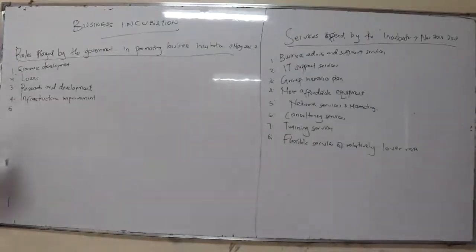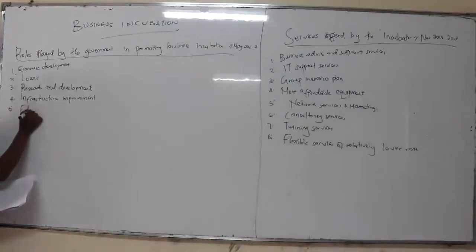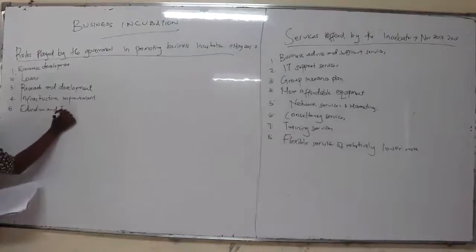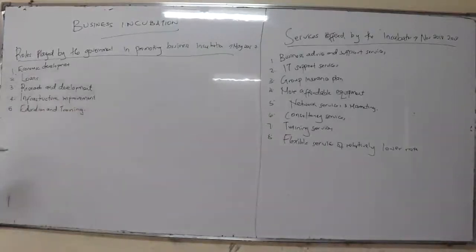Another one is about education and training. They provide education and training to ensure the businesses have access to trained workers, and the government usually provides free schooling in both primary and secondary, and also they provide help loans for the university students.